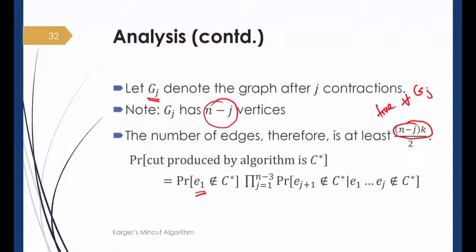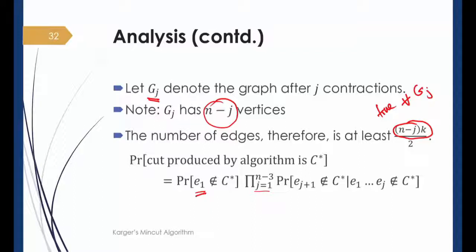That's the probability that E1 does not belong to C star times, now you're going from j equal to 1 to n minus 3, the probability that E2 does not belong to C star, the probability that E3 does not belong to C star, and so on up to the probability that E n minus 2 does not belong to C star.